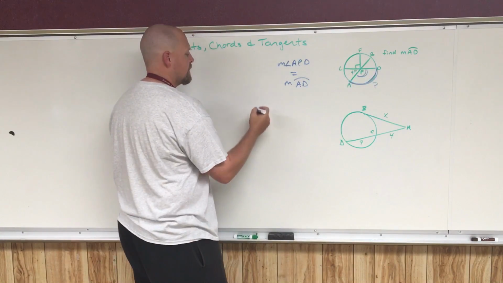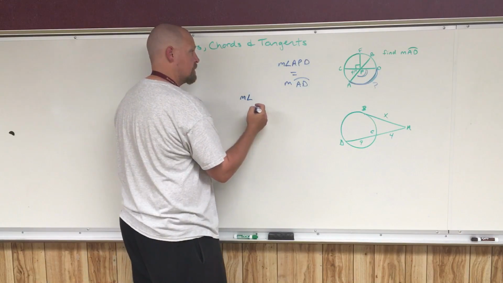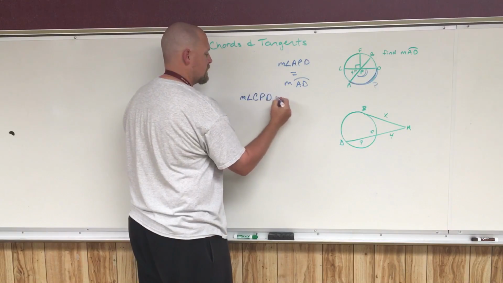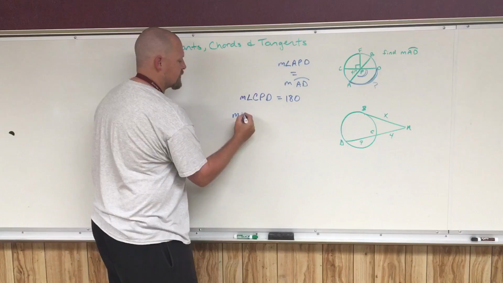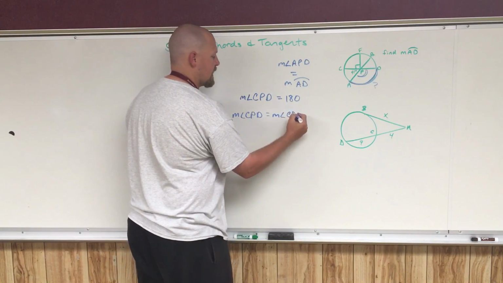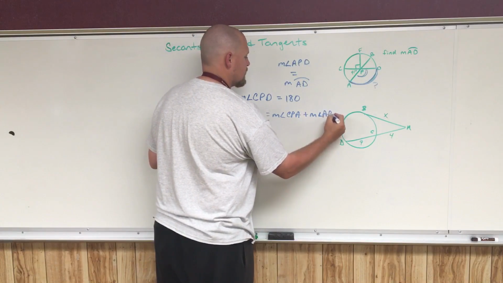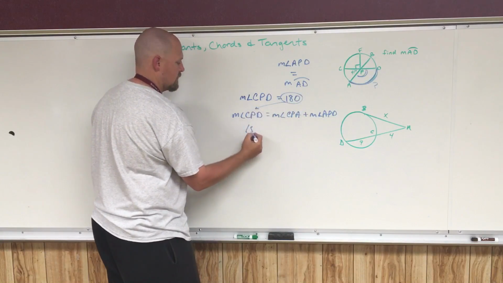Well, the nice thing here is that the measure of angle CPD is equal to 180. And I also know that the measure of angle CPD equals the measure of angle CPA plus the measure of angle APD. So I know this 180 can go right here.